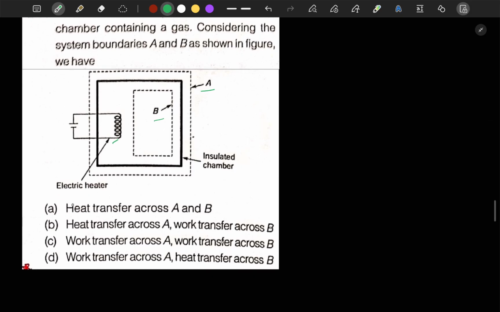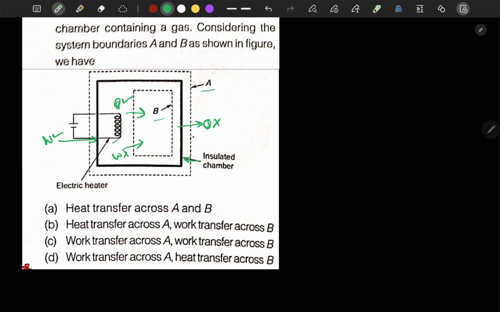So we can see that since the chamber is isolated, there is no heat interaction across surface A, but there is work interaction. Work is there, heat is not there. And as for system B, there is no work but there is heat.